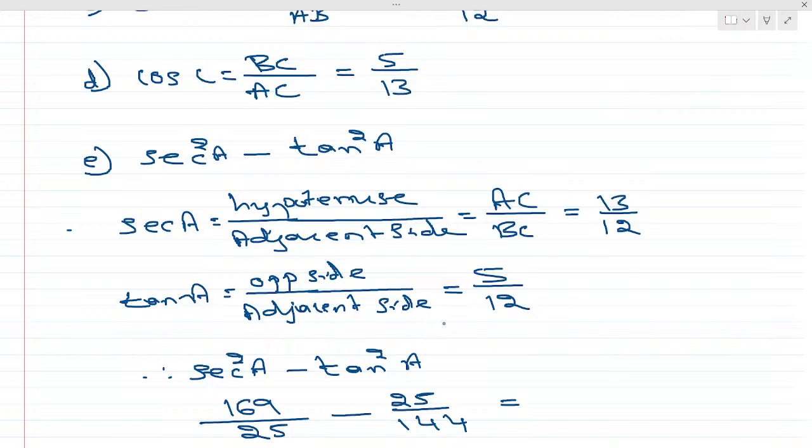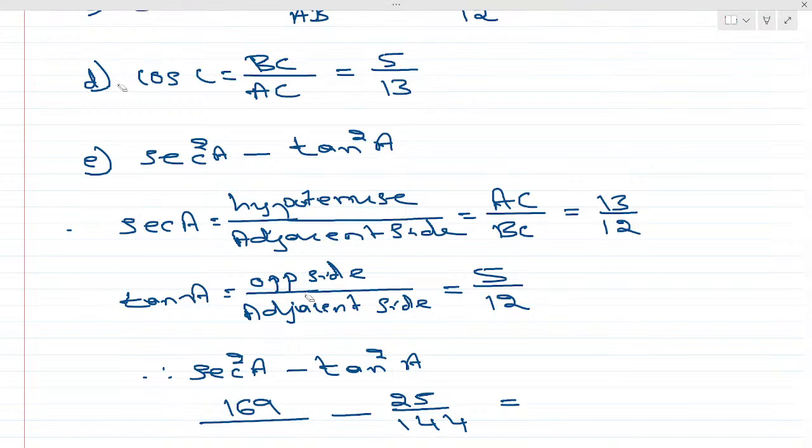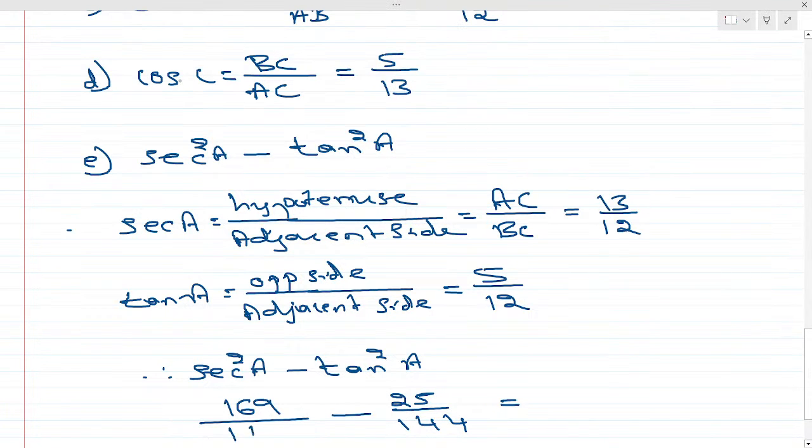Tan A being opposite by adjacent, 5 by 12, so tan square A is 25 by 144, fine.